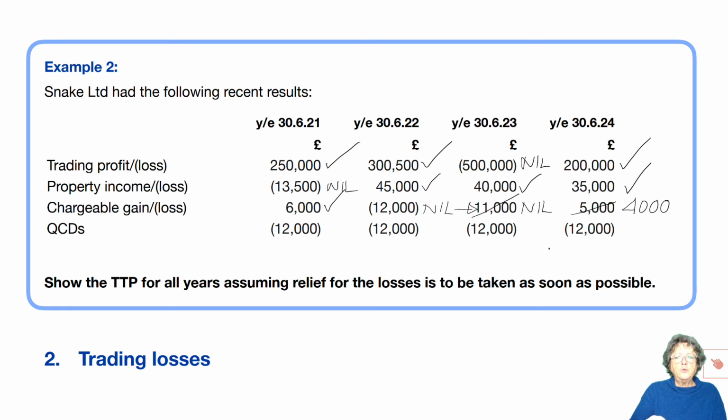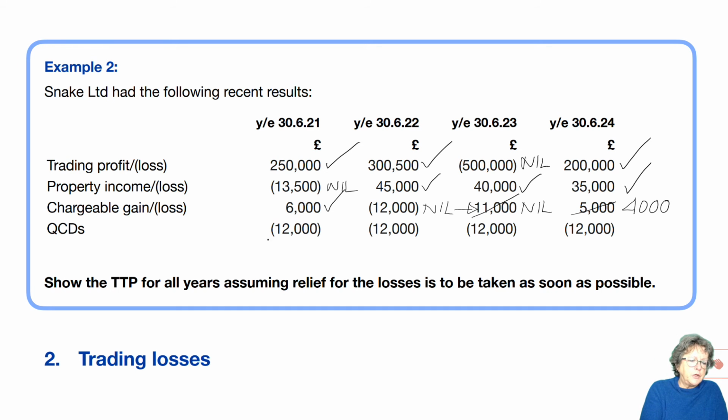Make sure you show that very clearly in your answer, because that is the rule. Capital gains and losses are only offset against each other. They are only carried forward and used immediately, and that's what you've done there. 2 marks you'll get for that, so make sure that you do it properly.